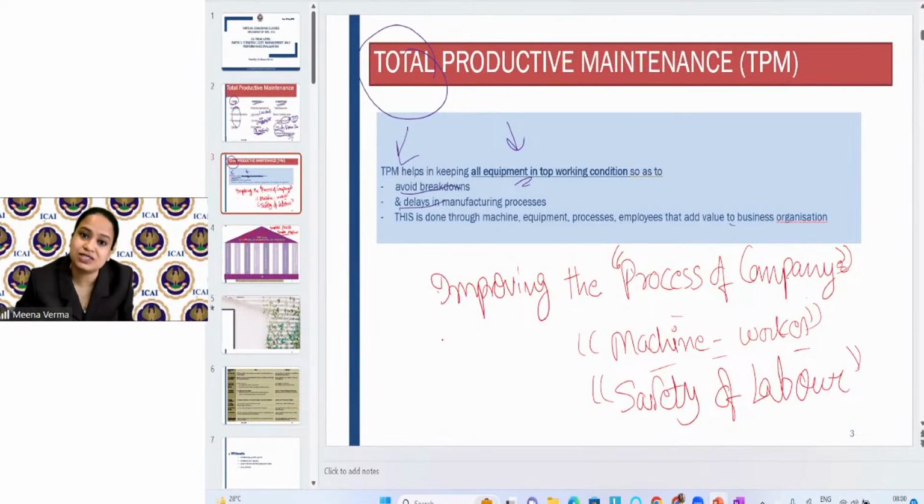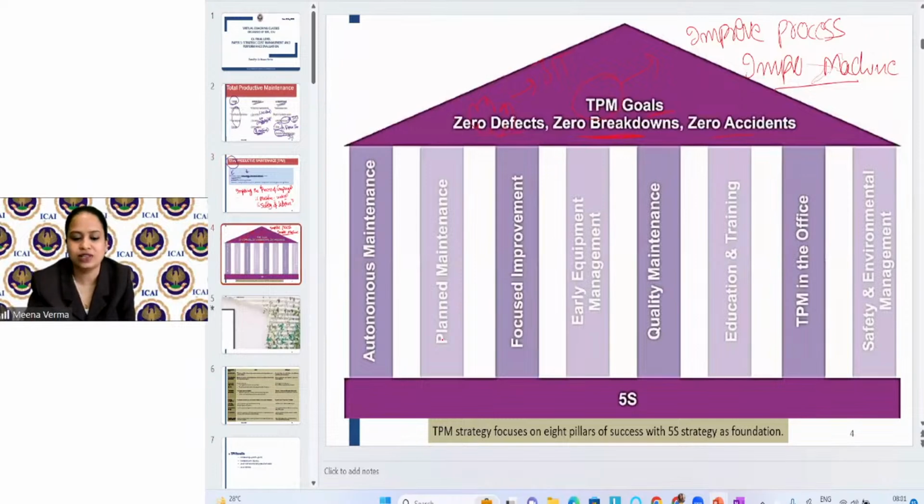They're talking about their safety also. They're not just focusing on improving the process or the procedure. They're not just focused on maintaining the machine so that there will be no breakdown. And they're also focusing on zero accident. Zero accident means there is no accident of the labor. So actually they're focusing on all these points.